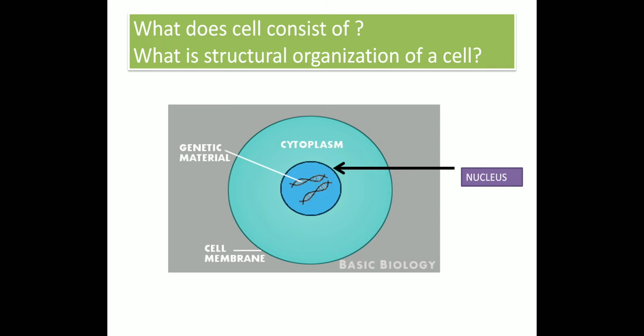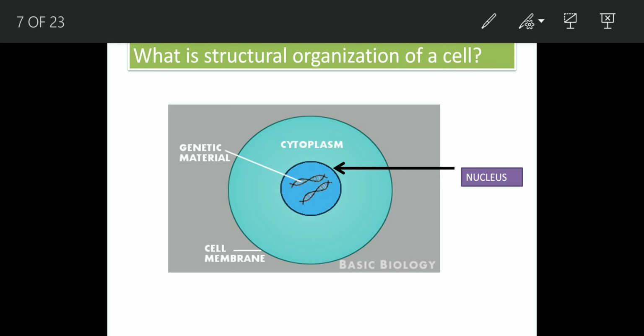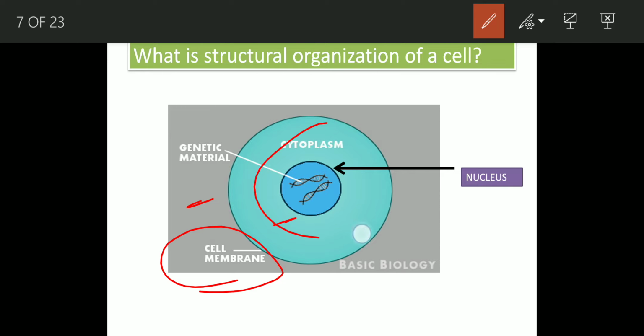Now, what does a cell consist of? As we have discussed, the basic structure of the cell, you can see here, consists of the cell membrane, the outer covering of the cell, which separates the cell from the surroundings and from the inner material of the cell. Then there is the cytoplasm.